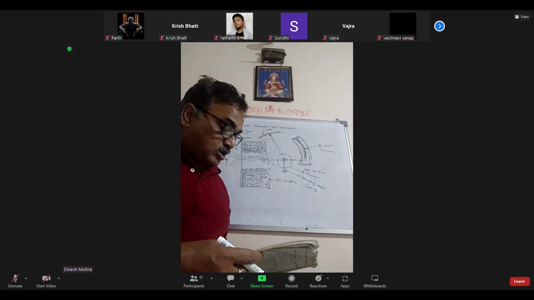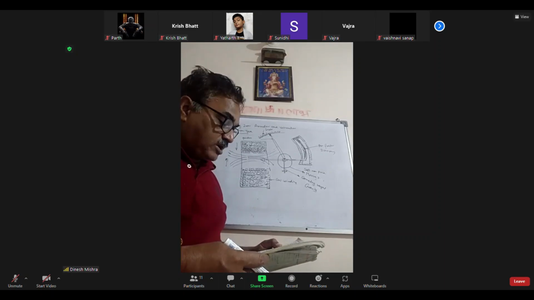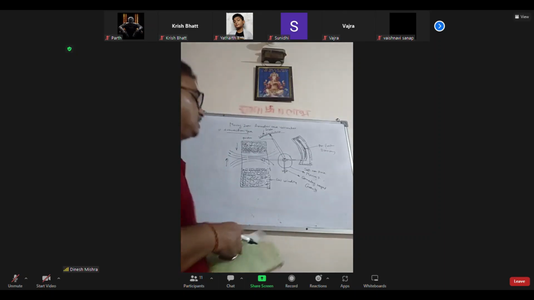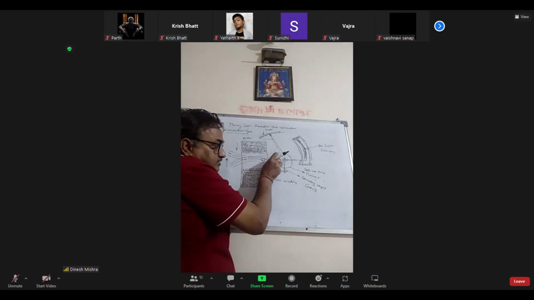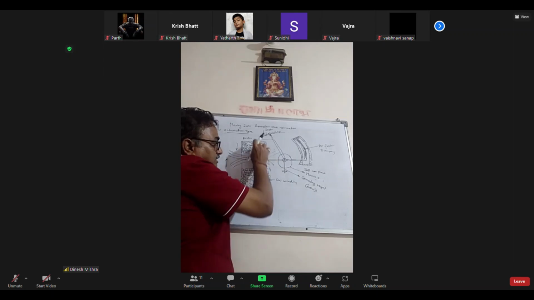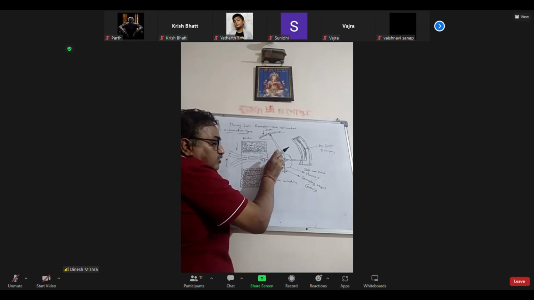The deflection depends upon the strength of the current passing through the coil. जैसे कि अभी करंट कम रहेगा, the attraction will be less. If the strength of the current is less, the magnetic field strength is very less, so it will attract by a small distance.